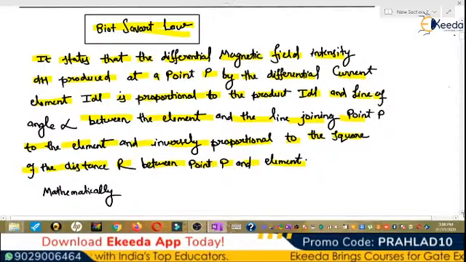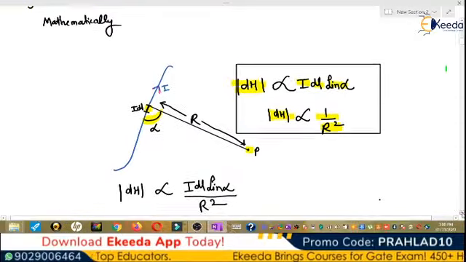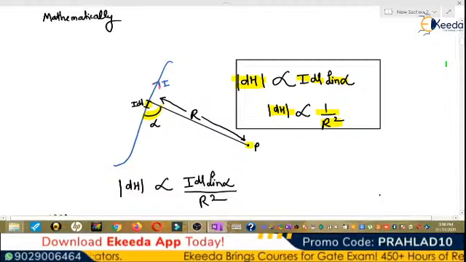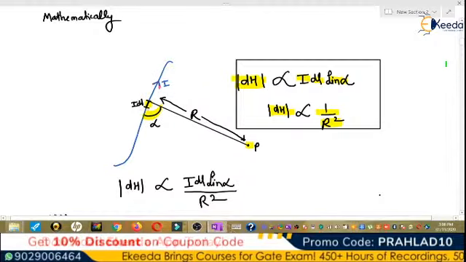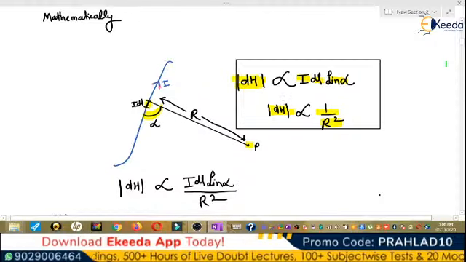So mathematically we define this. This is the current carrying wire I, and at point P we have to calculate the magnetic field intensity, and the angle is alpha. So mod of dH is proportional to I dl sine alpha, and mod of dH is inversely proportional to 1 over r square.